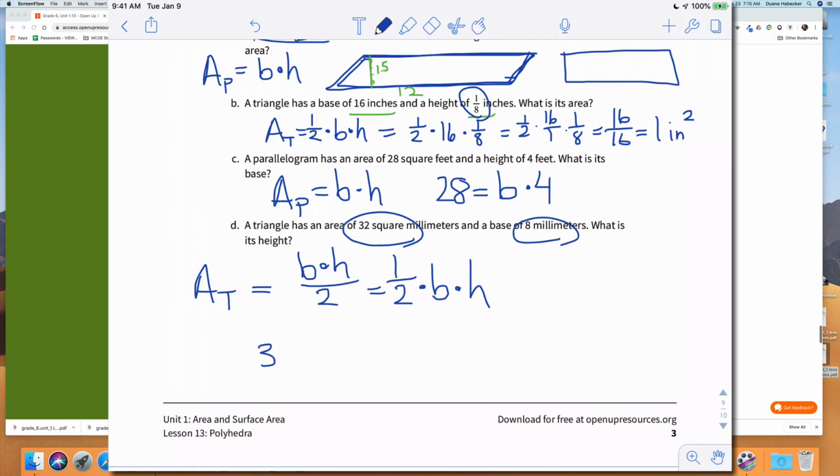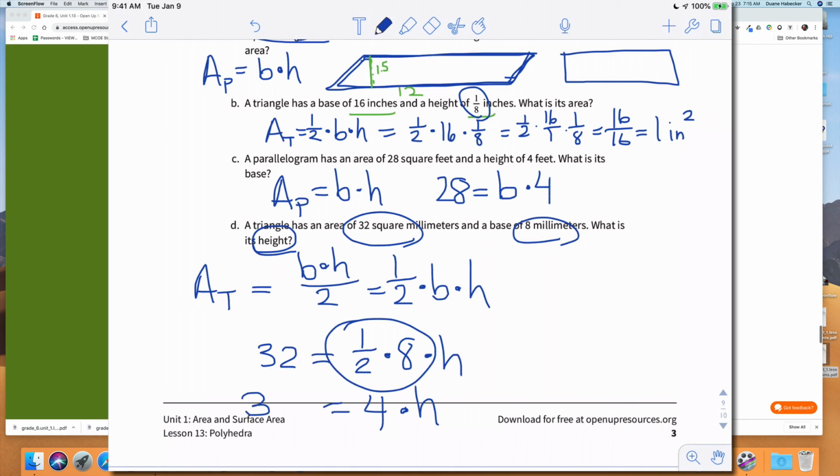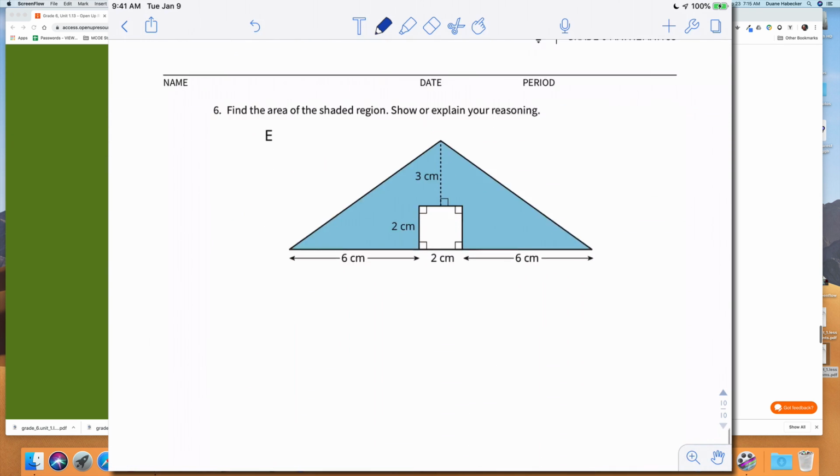So we've got 32 is equal to 1/2 times 8 times h, which we don't know because it says what is the height. Now we have to do a little bit of math. We can multiply 1/2 times 8, that's 4, times h is equal to 32. And we have to use a little bit of division to figure out the value of the height. All right, that's pretty straightforward.